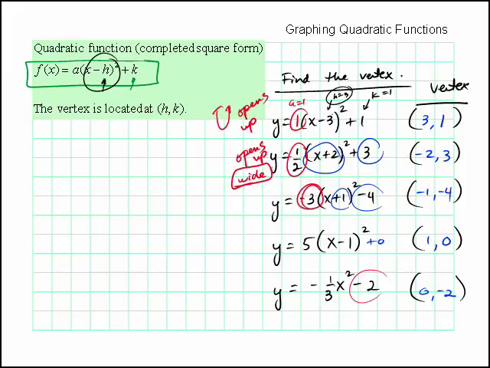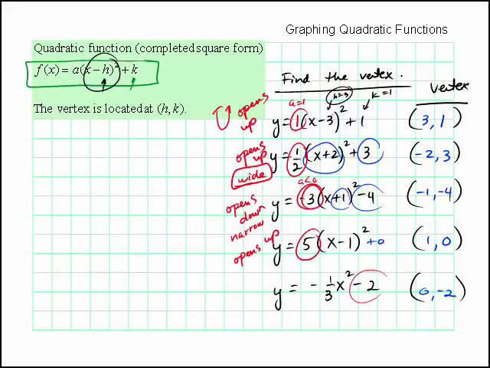This a value is -3. Since this a value is less than 0, I know that this parabola will open downward. Opens down. And because it's a 3, that's going to be a rather narrow parabola. And then similarly here, 5 tells me that because it's positive, it's going to open up.